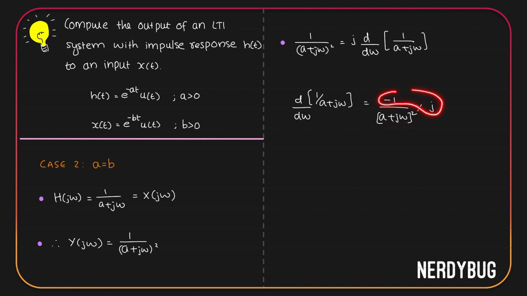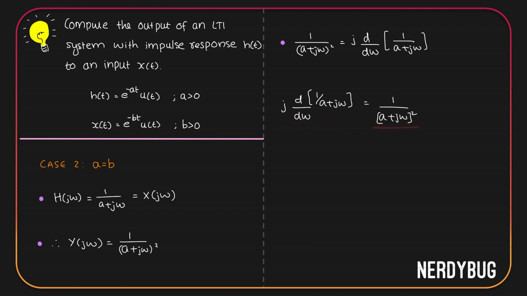We have minus j in the numerator here. Let us take it to the other side. So 1 by minus j, and here we will have 1. But 1 by minus j is plus j.